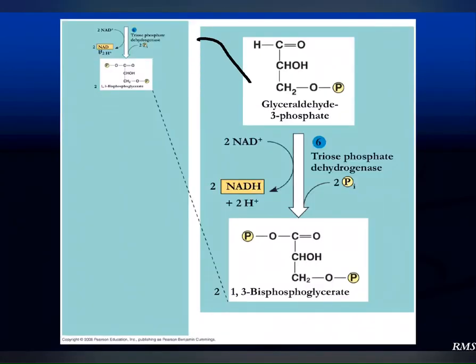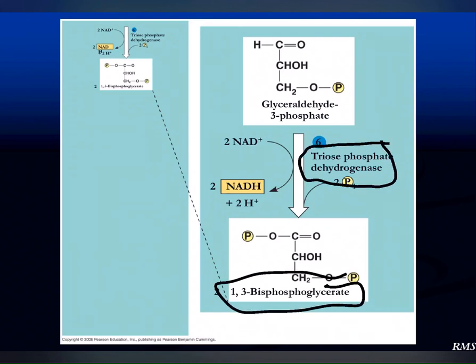Now once you go into the pathway of the glyceraldehyde 3-phosphate, that's going to be converted into 1,3-bisphosphoglycerate, and that's done by an enzyme called triose-phosphate dehydrogenase. And here's a key, you get 2 NADHs coming off. That's something I told you guys had to know.